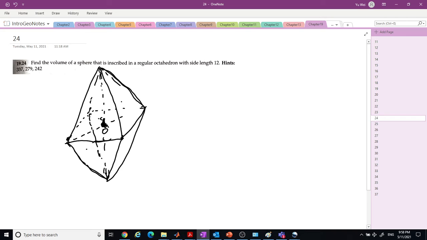Okay, now let's see what that radius is. We can construct this one and this one, right? So you can see this one is perpendicular to the face. Now let's calculate what that is. Let's extract this AOB.